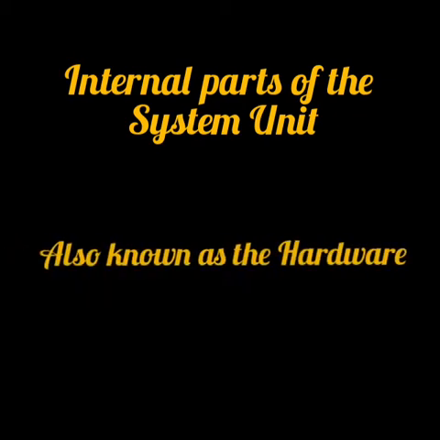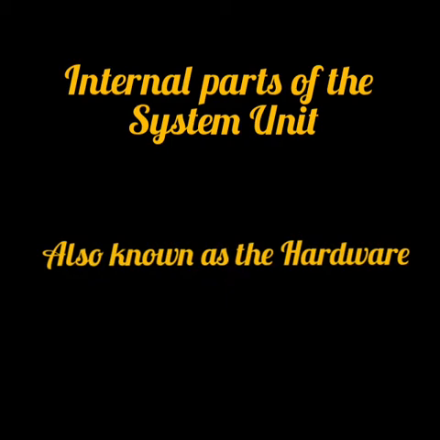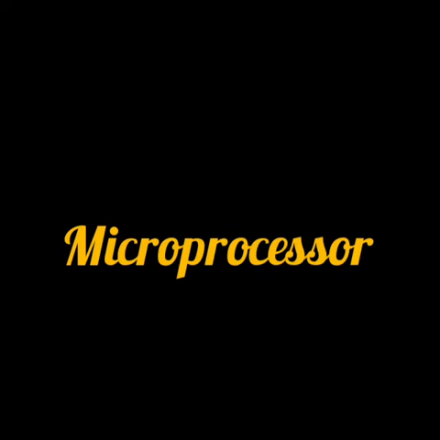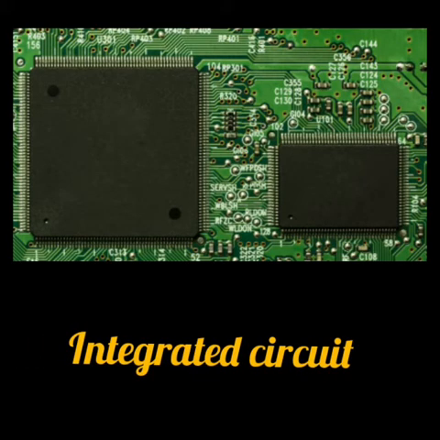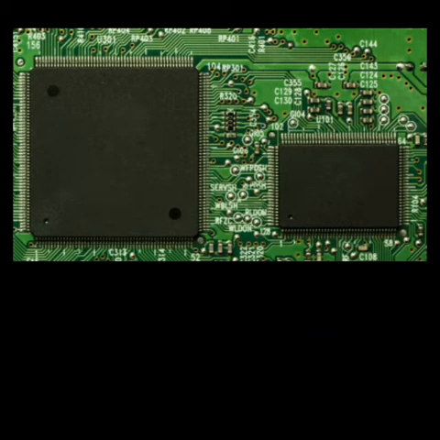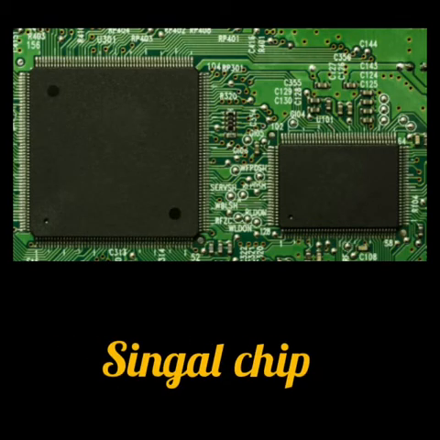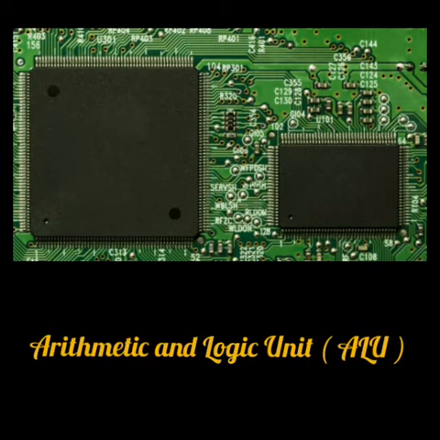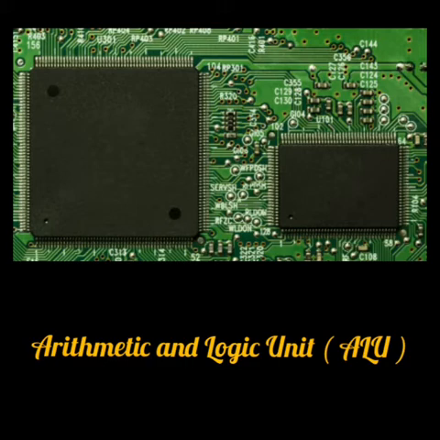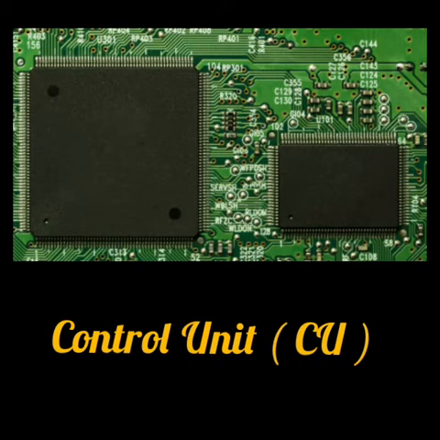Let us now understand the internal parts of the system unit, which is also known as the hardware. The first part of the CPU is microprocessor. A microprocessor is an integrated circuit board that contains a complete CPU on a single chip. The CPU consists of two parts, the arithmetic and logic unit and control unit.